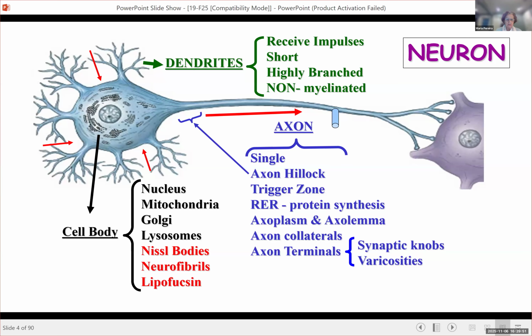The trigger zone is only activated when it reaches a certain level.